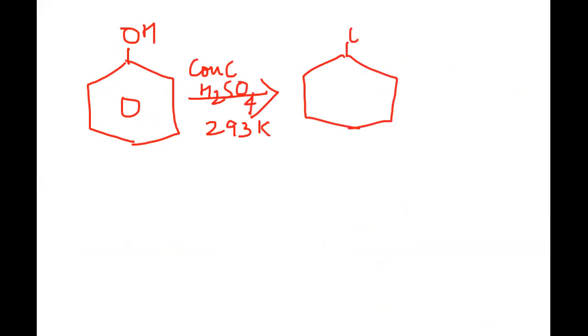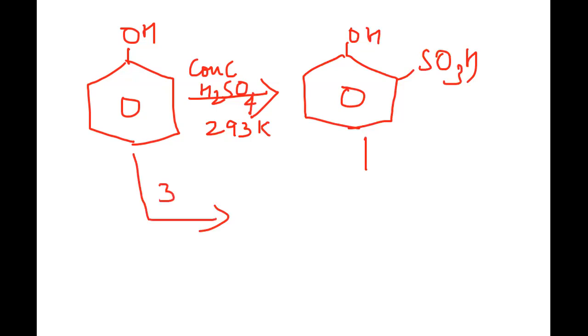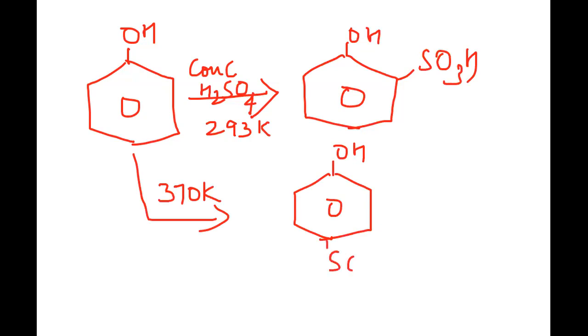It is going to form an OH, and an ortho product will be obtained, SO3H. However, if the temperature is increased further, around 370 Kelvin, then it is going to form the para product. So here you get the para product, SO3H.